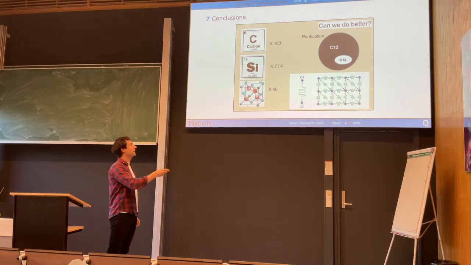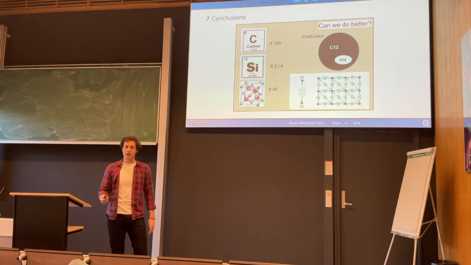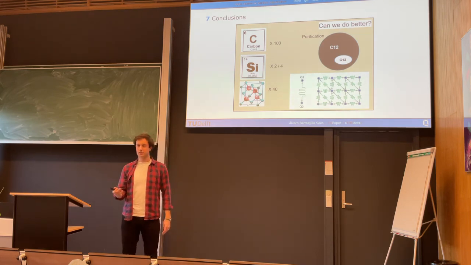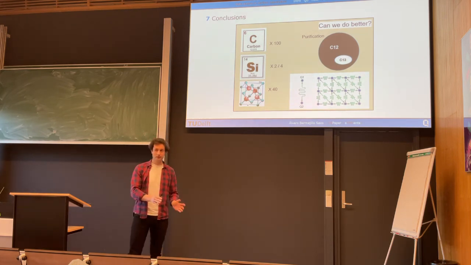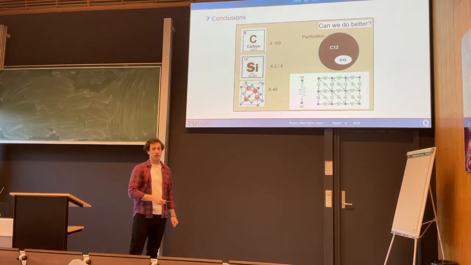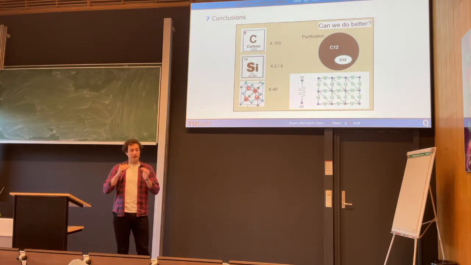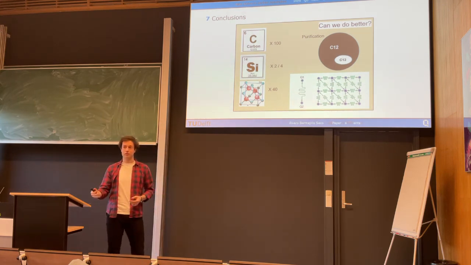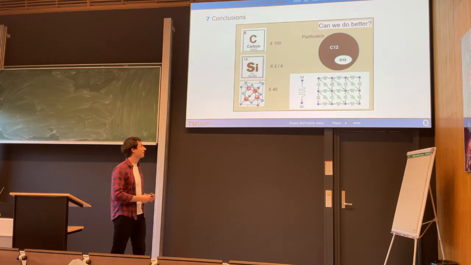And they also say that they can do better because we said that carbon doesn't have nuclear spin, but that's not entirely true because it's only carbon 12, the one that doesn't have. Carbon 13 does. So you need to purify your carbon so that it has as low a concentration of carbon 13 as possible so that you don't have that noise. And then your decoherence rate would be lower.